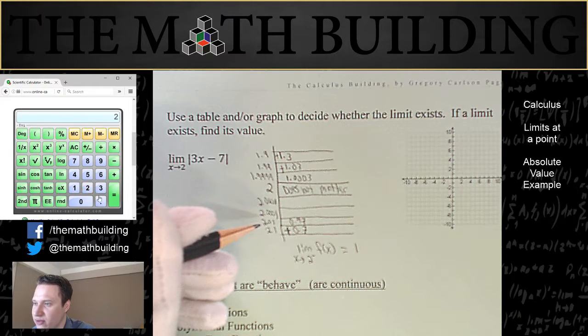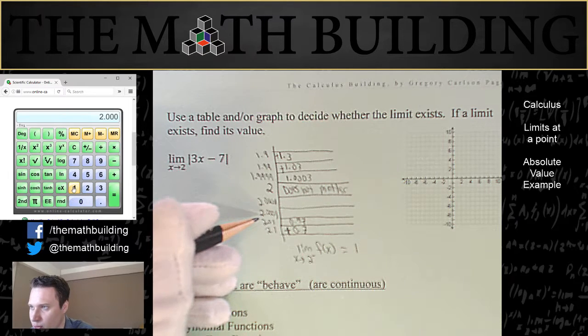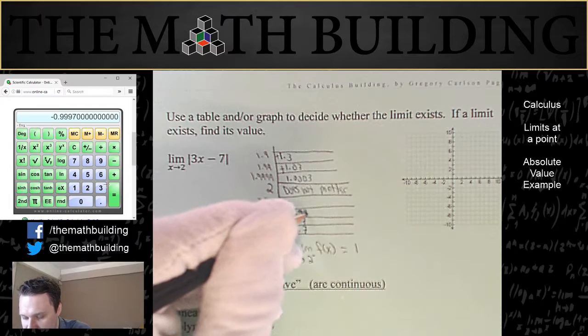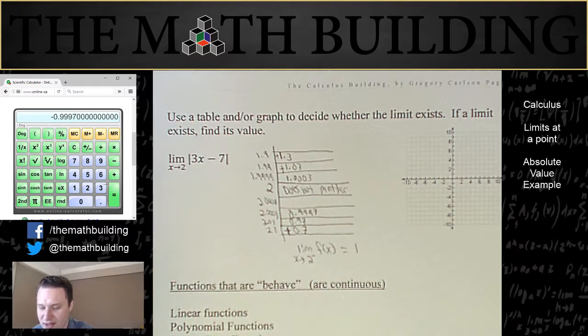Let's try 2.0001 times 3 minus 7. And turn that positive, and we get 0.9997. So, remember, absolute value will make it positive.